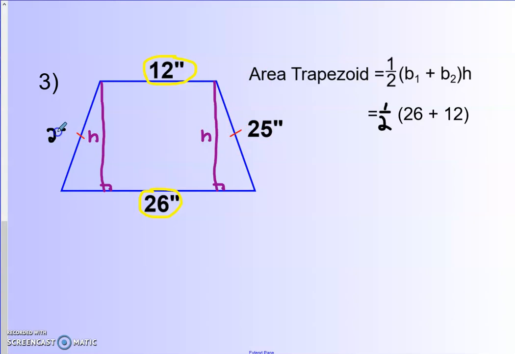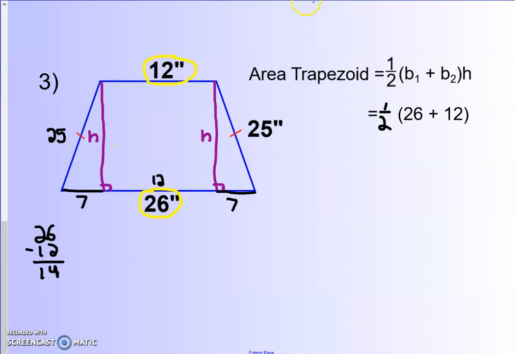So this is 25. And if I take this 12 and drop it straight down, that's 12. Well, if the whole bottom piece is 26, and I've already accounted for 12, then I have 14 inches left to be split between these two bottom pieces. So that would make each one of these bottom pieces 7.